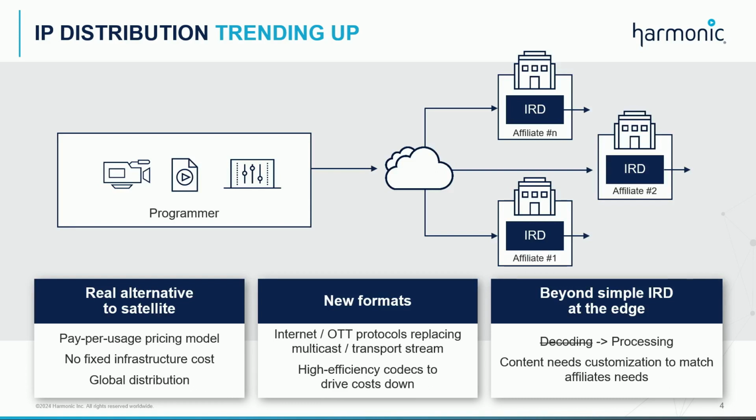And this is where IP can really help, providing other alternatives for distribution. Beyond the cost aspect, if you are doing a usage-based pricing model, you move away from upfront capex expenditures, which can be quite heavy.